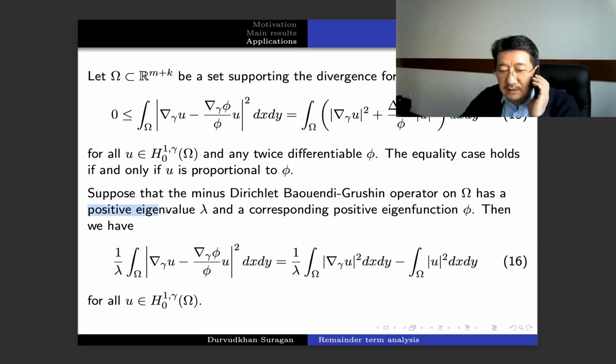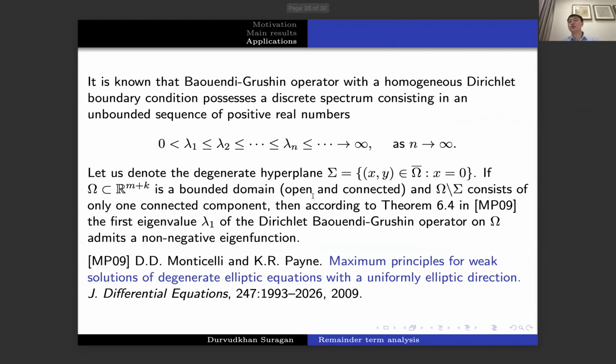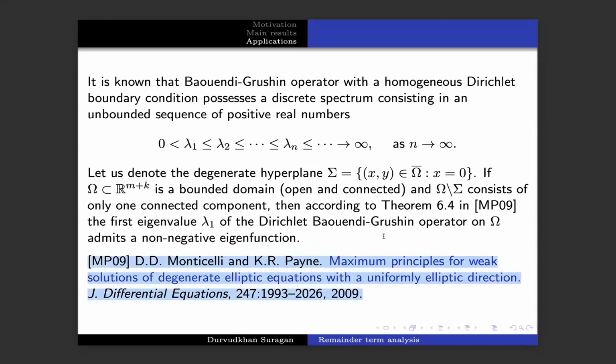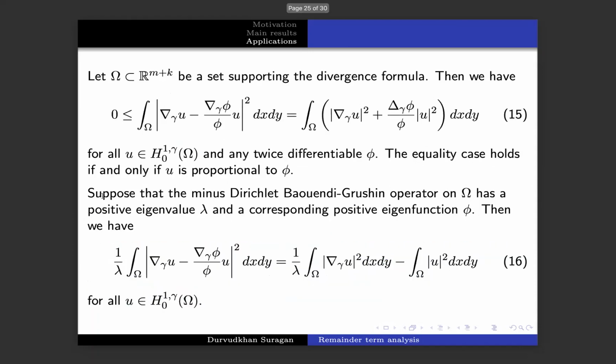The important thing is this assumption. And here we have good news for this operator. It's known that the spectrum is positive, and the positivity of the corresponding eigenfunction is also well studied in this work. So now we know those omega domains in which this assumption is guaranteed.